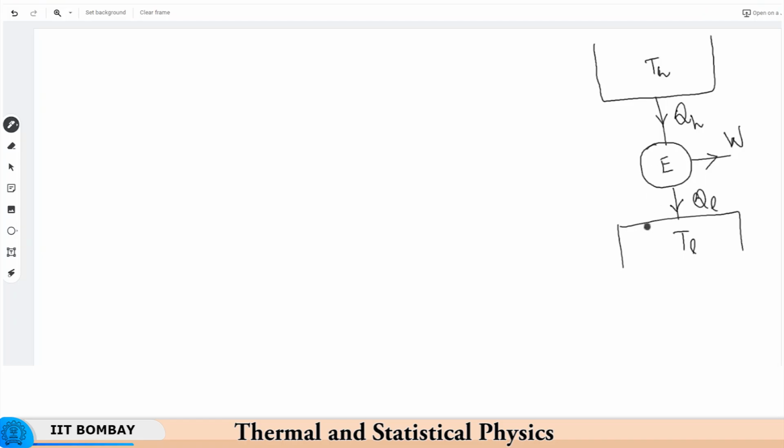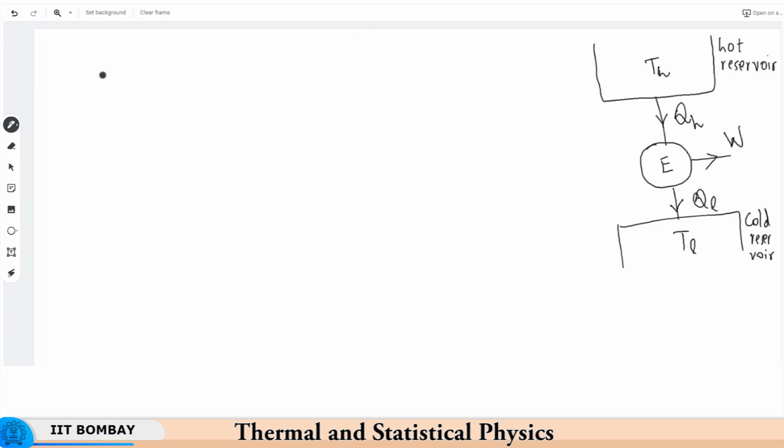So, that is why these are reservoirs, okay. So, maybe I can write this is a hot reservoir and this is a cold reservoir, okay. And these symbols H and L just mean hot and cold, like high temperature and low temperature, okay, alright.